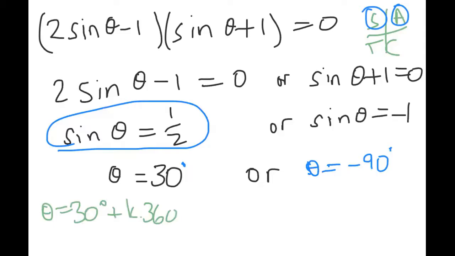Then in quadrant 2, you have 180 minus theta. Theta is 30, so, right in red, 180 minus theta equals 180 minus 30, which equals 150. So just keep that 150 in mind. That means theta is going to be 150 degrees as well, plus k times 360.